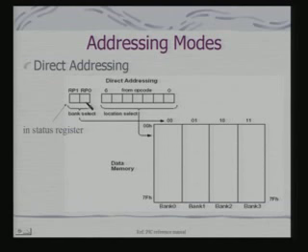Now let's see how direct addressing is supported in PIC. In the PIC, these 2 bits RP1 and RP0, which are part of the status register, are used for selecting what is called a bank. And in the bank, the address is specified by these bits, which are part of the instruction.